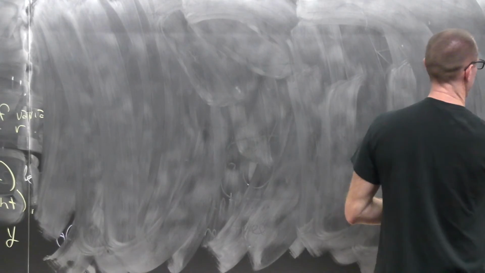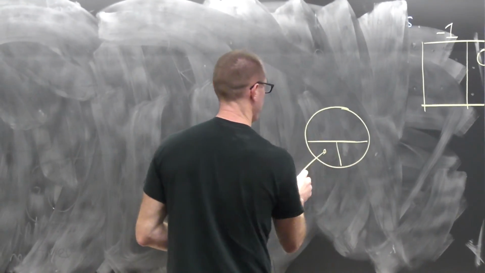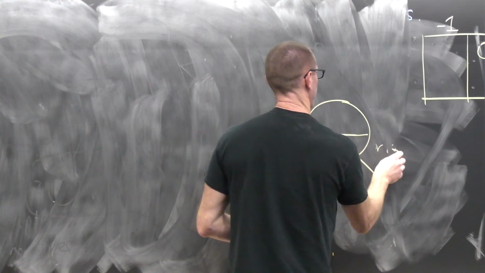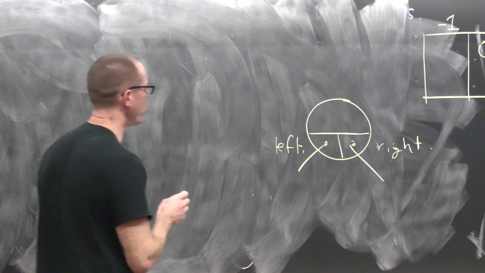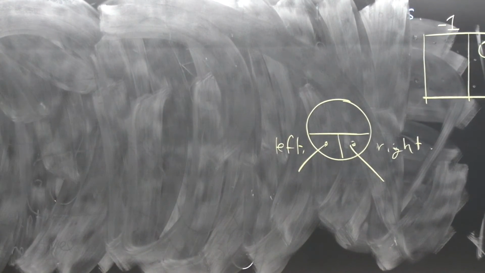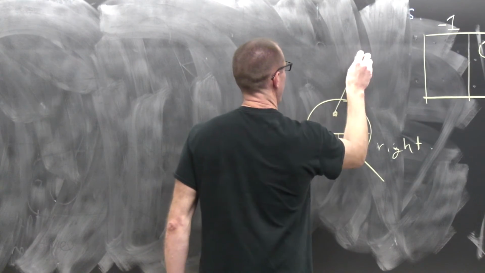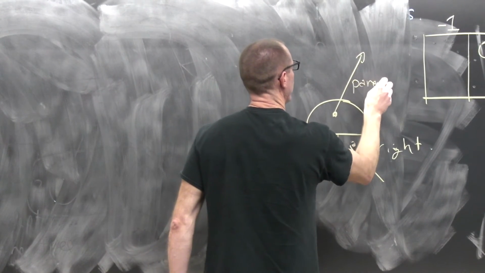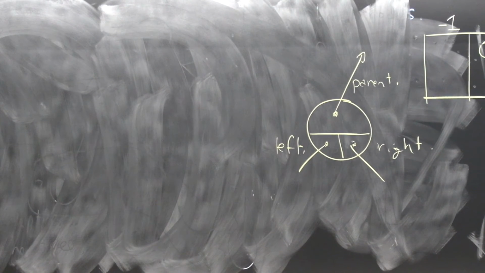One thing that I showed you is that a node probably has a right pointer and a left pointer. And actually, in many, many cases, it makes sense to also have a parent pointer. It can be very handy to have this pointer back up to your parent.